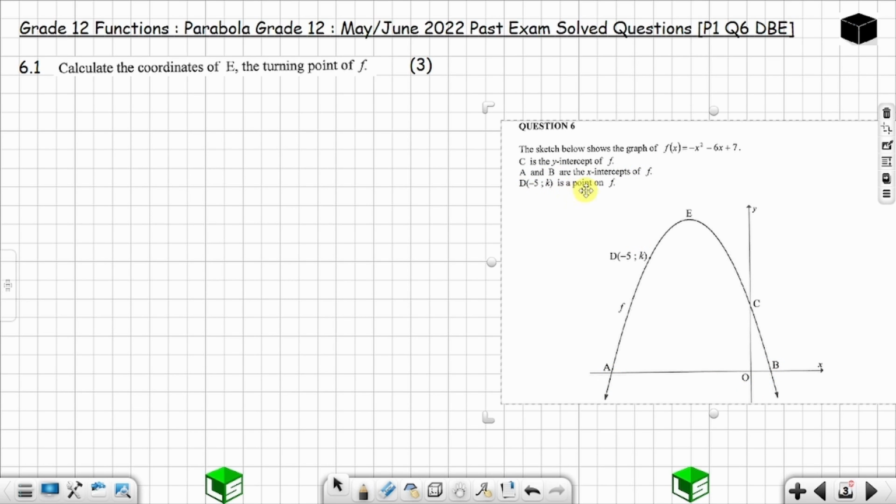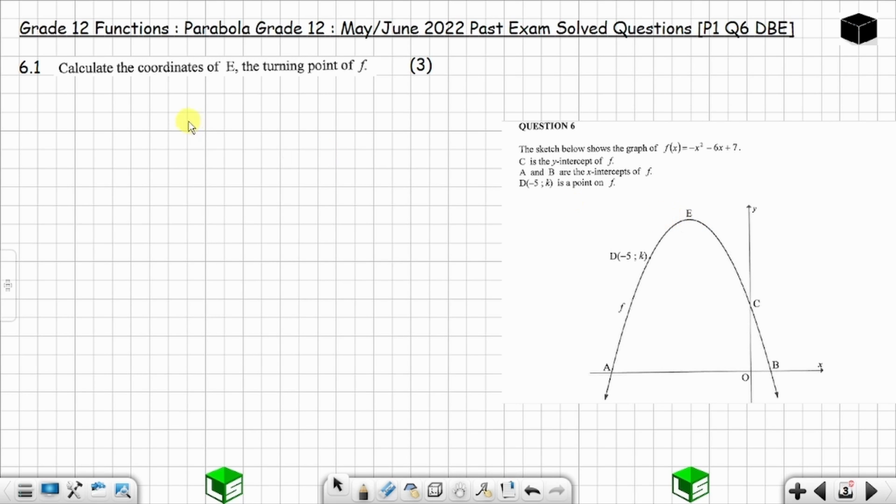D is a point on f. There is D, a point on f. And you also have E, which is the turning point of f. You are told to calculate the coordinate of E, the turning point of f. This is the turning point of f, which is E. You need to calculate the coordinate of this point.